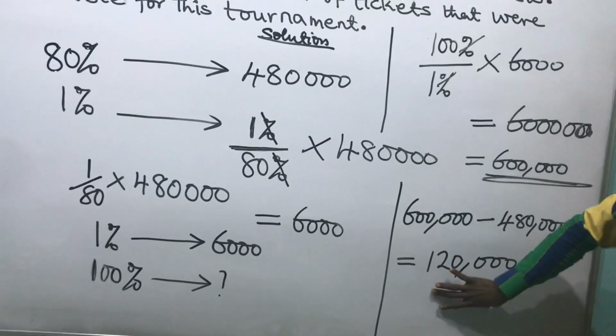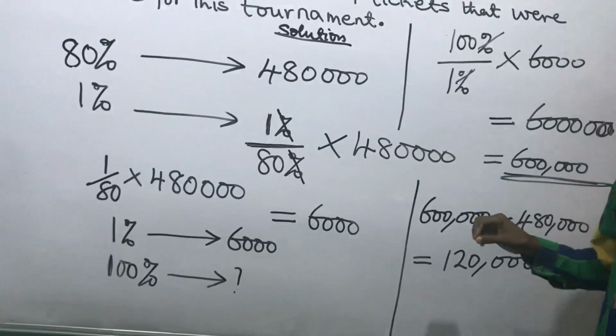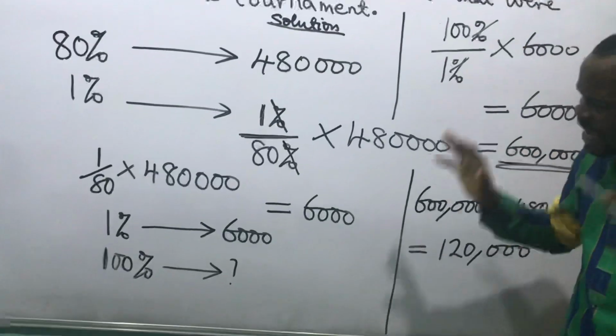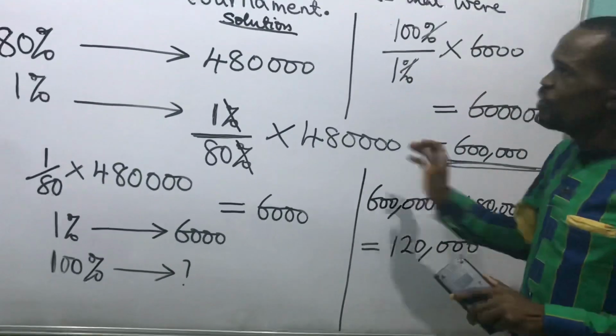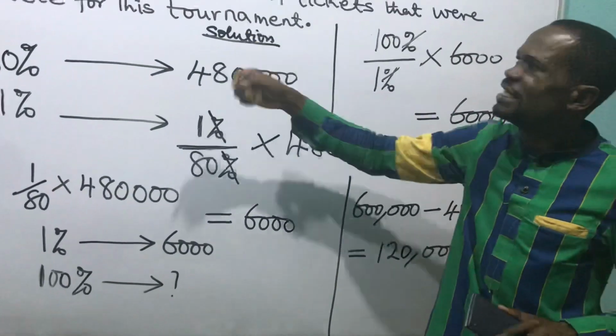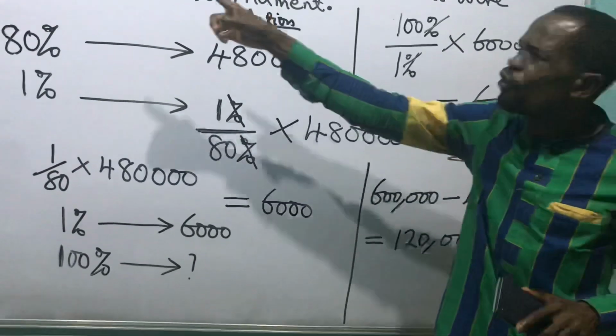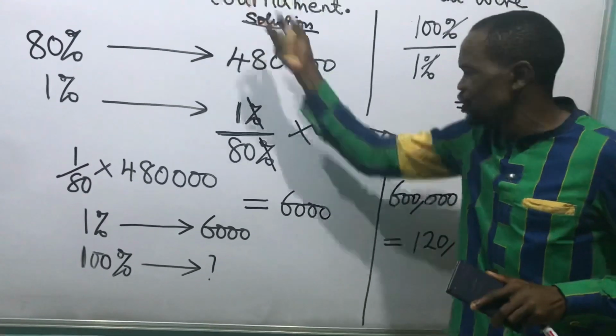But this is not the question they asked. What they asked us is the available tickets, the tickets provided to sell for the tournament, of which 80% was sold. And that 80% that was sold was 480,000 tickets.